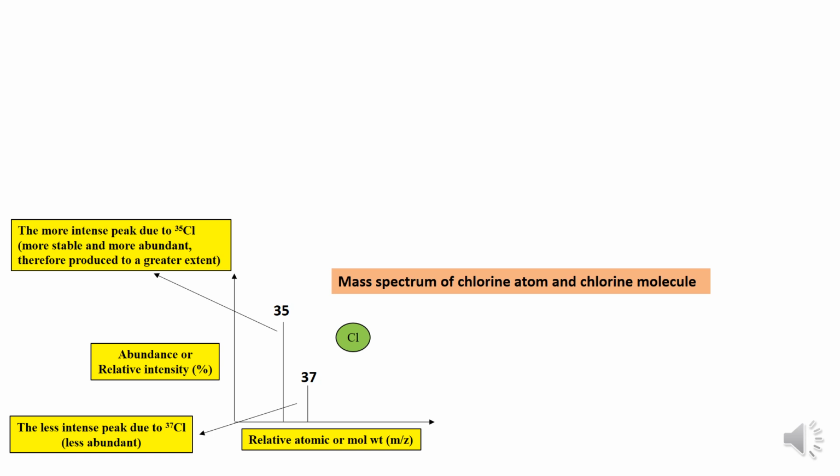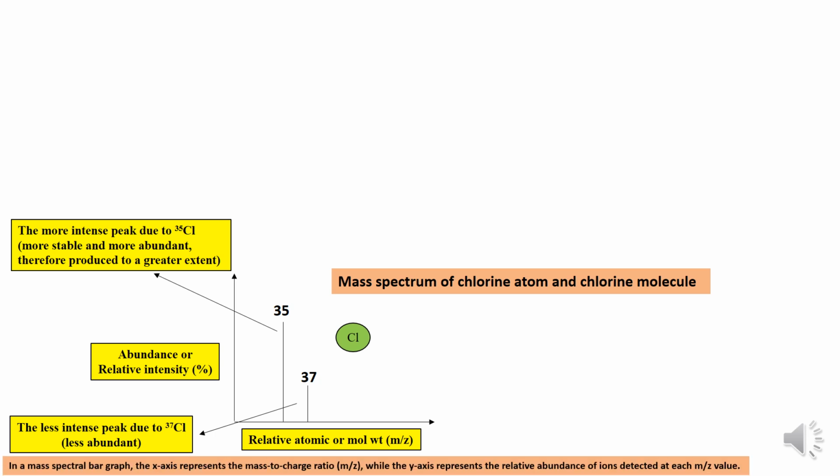The more intense peak is due to the Cl35 isotope and the less intense peak is due to the Cl37 isotope. And that is due to a difference in their stability and abundance. So in a mass spectral bar graph, the x-axis represents the mass to charge ratio, while the y-axis represents the relative abundance of ions detected at each mass to charge value.